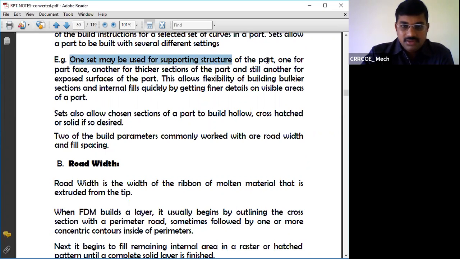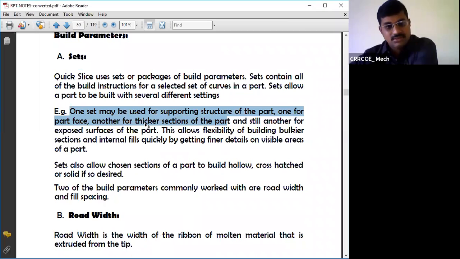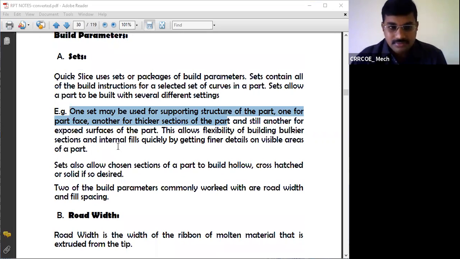One set may be used for the supporting structure of the part, one for the part face, another for thick sections of the part. The part face is what we call the elevation or front side of the component.